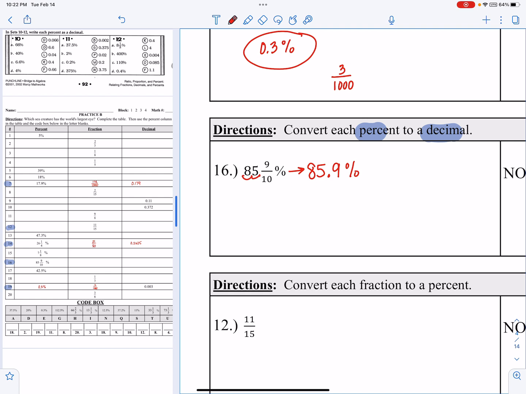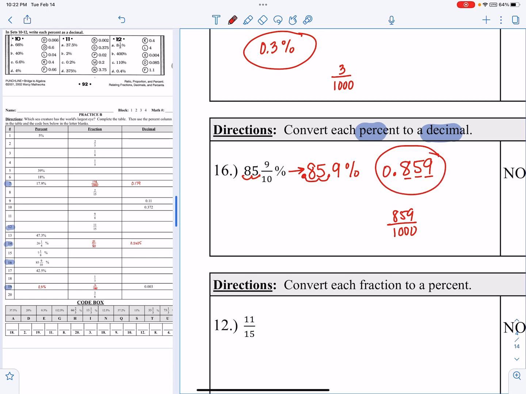So I still need to change the percent to a decimal. We know that we can divide by 100, so moving it to the left 2 spots. That puts me at 0.859 as a decimal. As a fraction, we just read that, tenths, hundredths, thousandths. And so we have 859 thousandths. But I'm focusing on the decimal, which is right there.